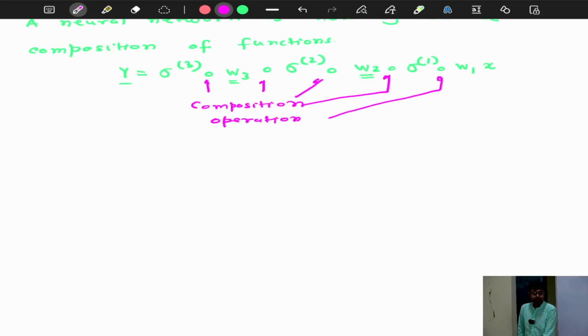Okay. Any question? Can we absorb W? W you cannot absorb. Those are learnable, right? So what will you learn then? So the bias is also. No, x you can always write as 1 comma x, and then that can go in. So in that sense, I say you can absorb. When I say absorb, it is not that it is not there. It is there. I am not writing it.